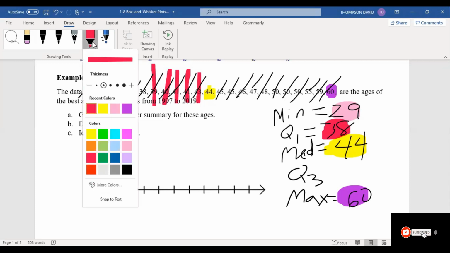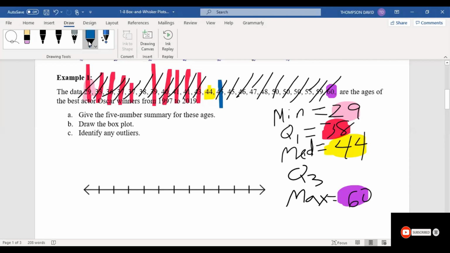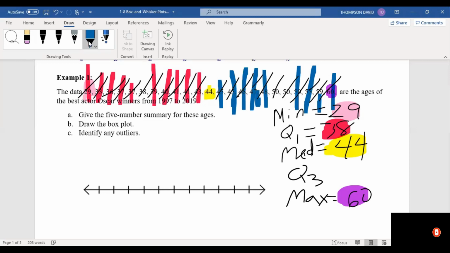To get the upper half, for quartile 3, we use a similar method. Again, we're not going to use the median since we have an odd number of numbers. And our quartile 3 is 50.